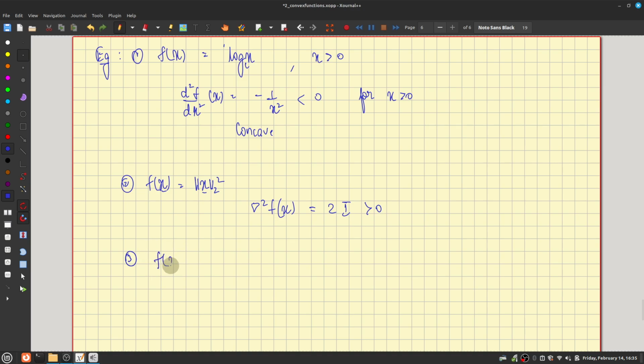Okay, let's take f of x equal to, again, f from R to R, f of x equal to mod x. Why is it not affine, right?